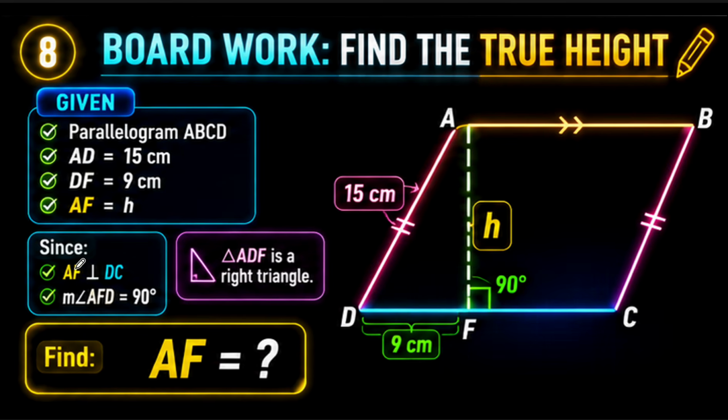Since we all know that AF is perpendicular to DC, and the measure of angle AFD is 90, we know that we can create a right triangle here. This is the right triangle that we're referring to. So, ADF is a right triangle. And if that is a right triangle, we will use a formula. So, what we're going to do is to find what should be the AF.